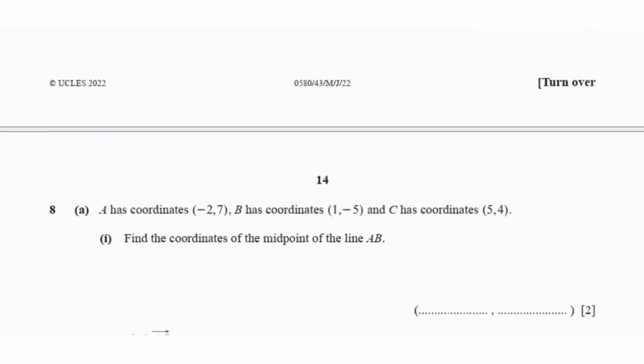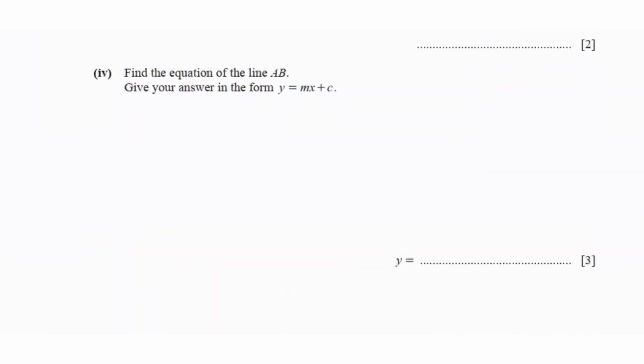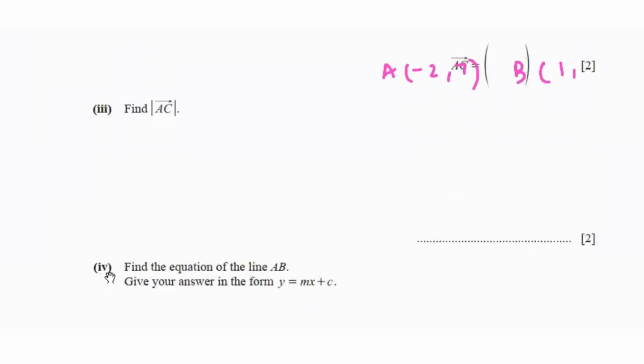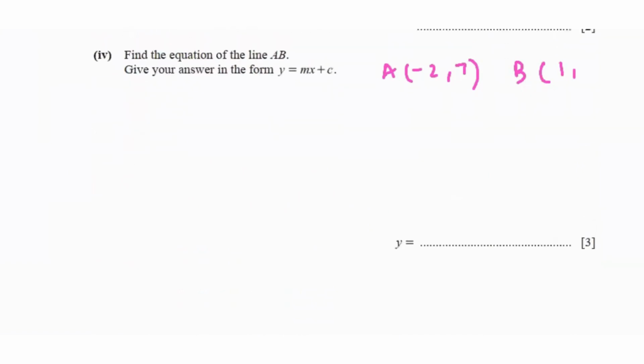Find the equation of the line AB. Give your answer in the form y equals mx plus b. So A had the coordinates -2, 7, and B is 1, -5.